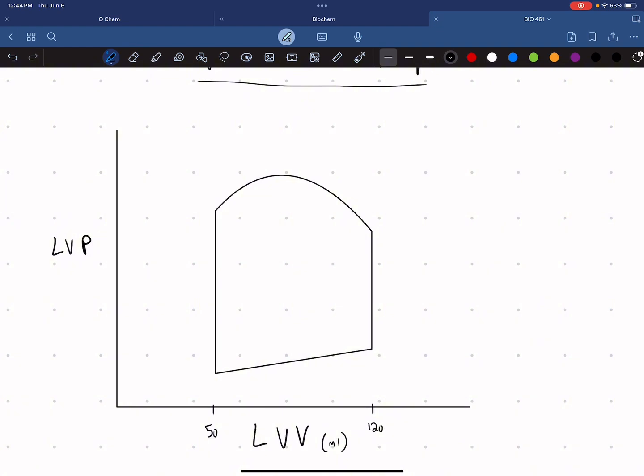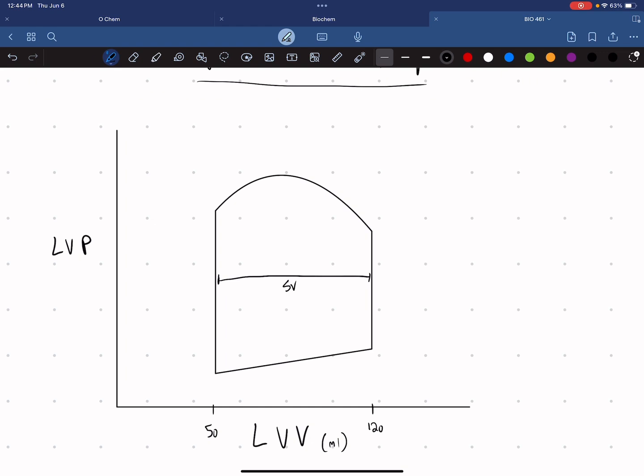So we've got this shape here that I'll label and make sense of, that will show the cardiac cycle in a different sense. But first, what we know is that the distance from end to end of this loop is the stroke volume, which is one of the factors in the calculation of cardiac output.